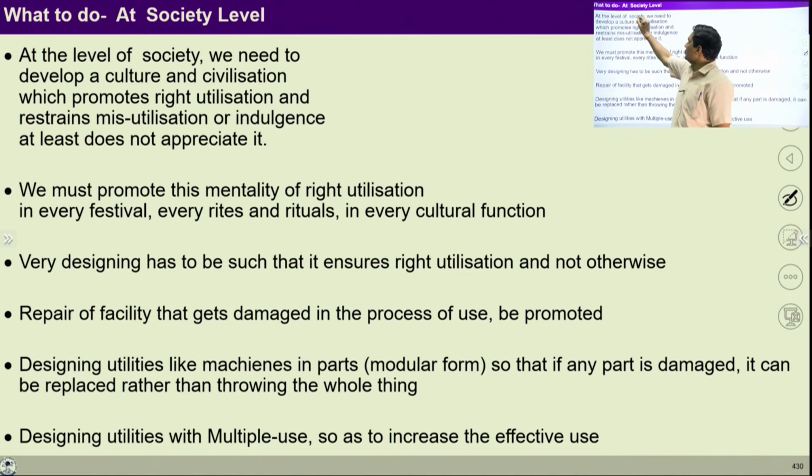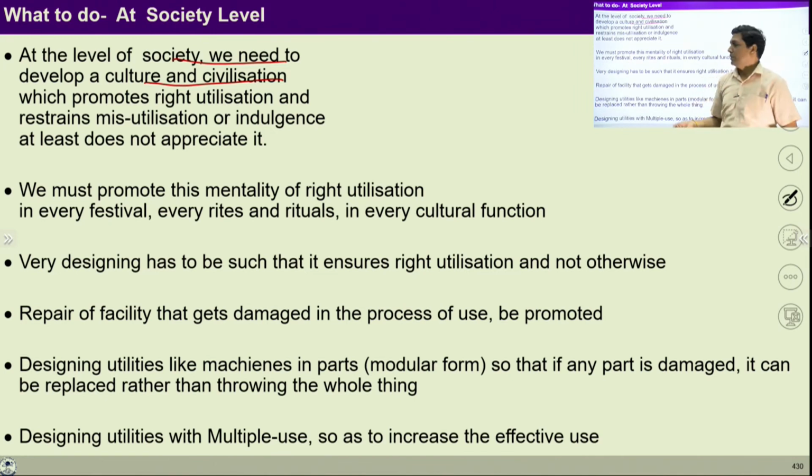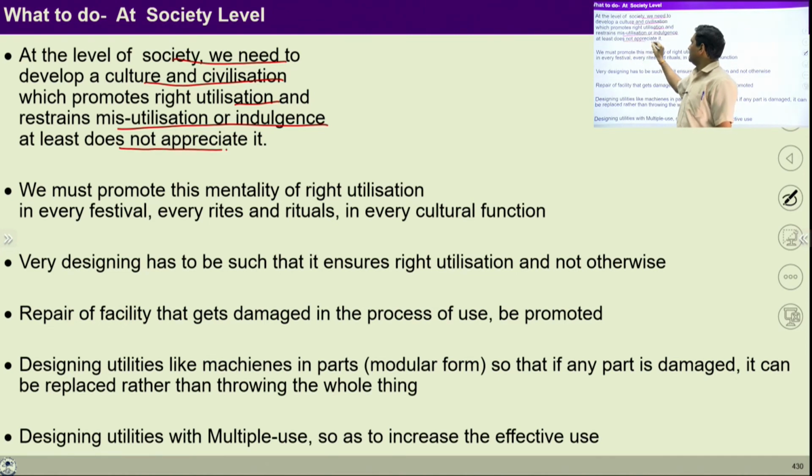Similarly, at the level of society, we need to develop a culture and civilization which promotes right utilization and restrains misutilization or indulgence. Or at the minimum level, at least it should not appreciate it.